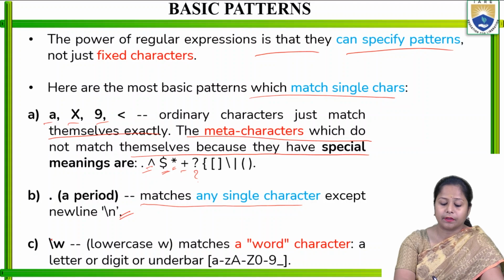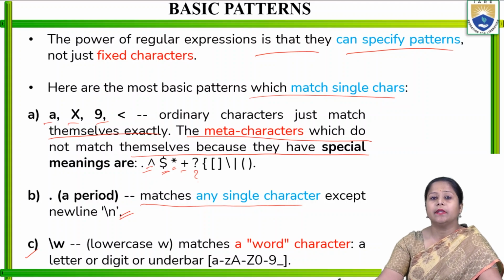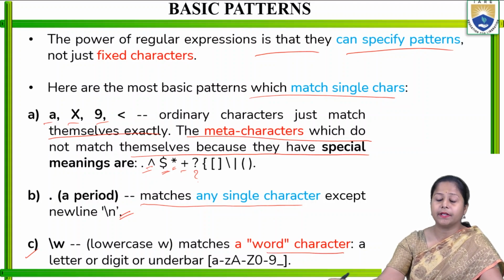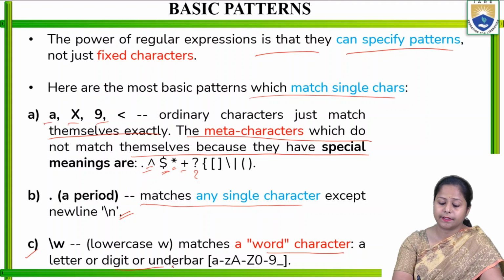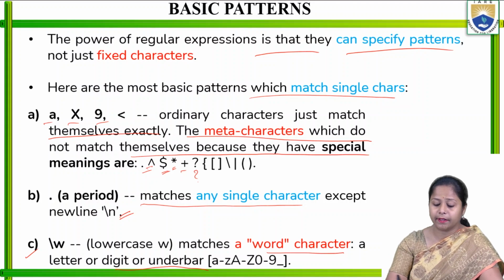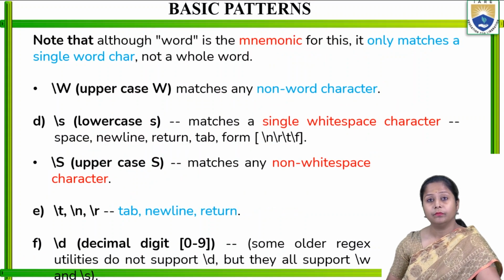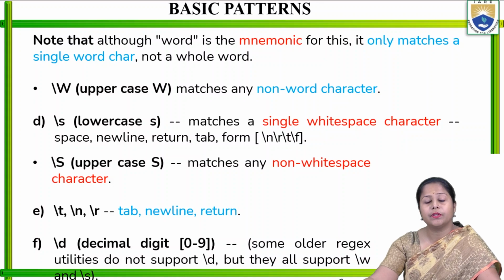Next is backslash small w, lowercase w, which matches a word character: a letter, a digit, or underscore, that is in square brackets, small a dash z, capital A dash z, and 0 dash 9 and underscore. All of these are considered whenever we write \w.